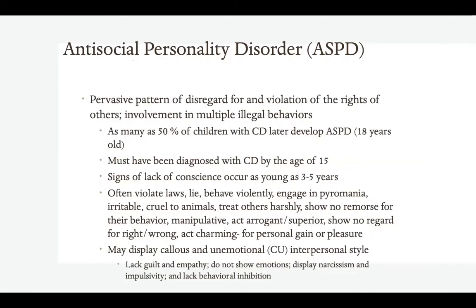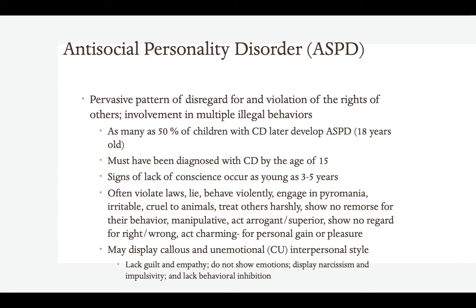Now, continuing on, even though we talk about childhood related disorders, this is our last topic, and we meld it into what's going to happen later on in life. I did talk about antisocial personality disorder, but I need to tell you a little bit about how it differs from the childhood related conduct disorder.